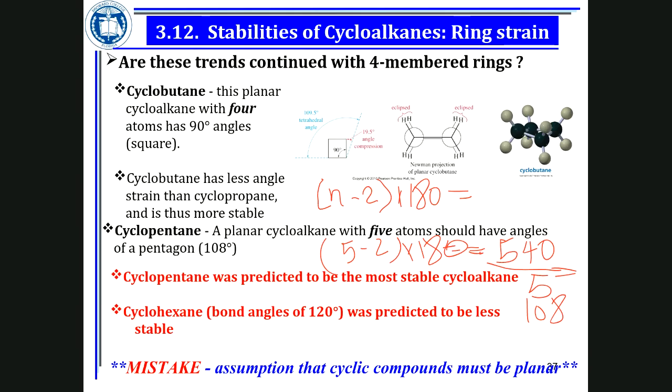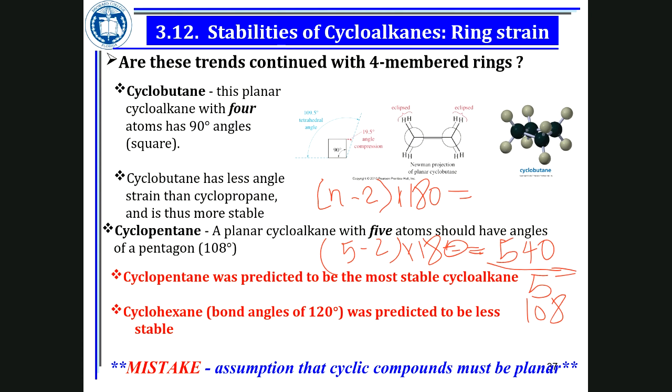Cyclohexane. 6 carbon. How many hydrogens? 6 carbon with 12 hydrogens. And that's cyclohexane. The structure for cyclohexane is unique. We have the chair conformation for cyclohexane.